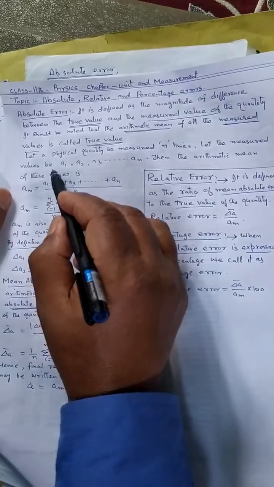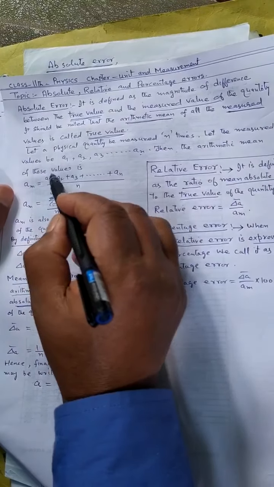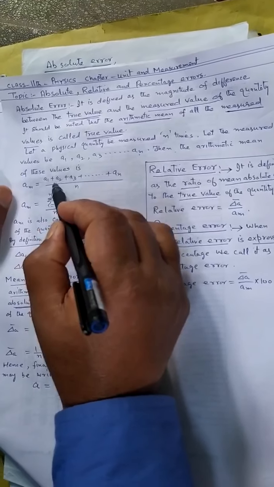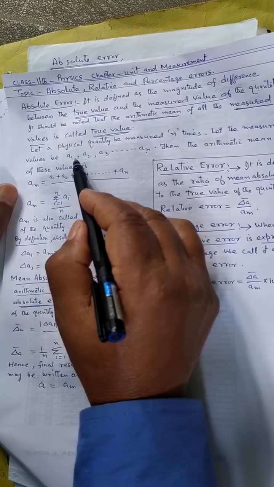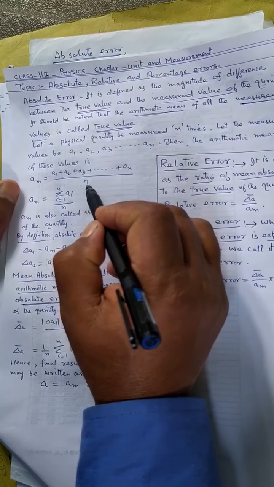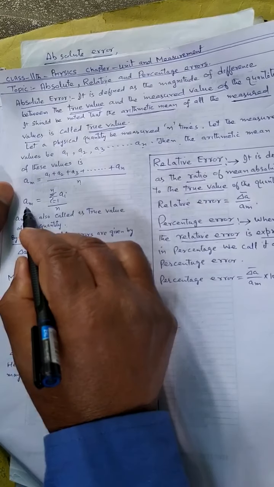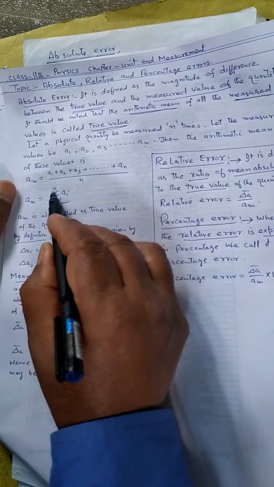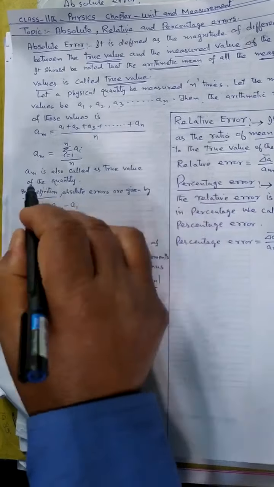Let the measured values be A1, A2, A3, so on An. Then the arithmetic mean of these values is AM is equal to A1 plus A2 plus A3 plus so on An divided by n. जो हमें ये मेजर्ड वैल्यू दिए हैं इनको हम सम करेंगे डिवाइड बाय नंबर ऑफ टर्म्स। अरिथमेटिक मीन हम इसी तरह निकालते हैं. AM is equal to summation i is equal to 1 to n Ai divided by n. AM is also called the true value of the quantity.